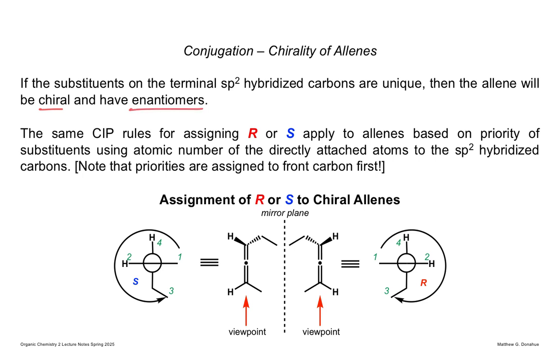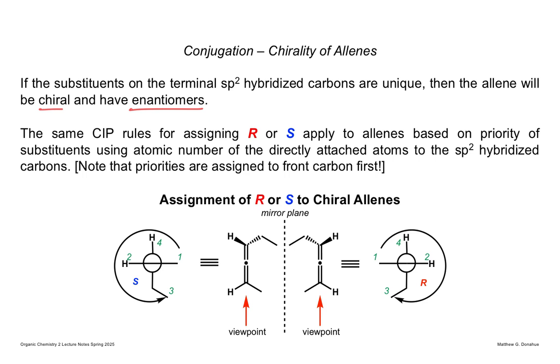What is the same about how you assign R and S is, you're still looking at the attached groups to those carbons, but when you determine the clockwise or counterclockwise, you're now only considering substituents 1, 2, and 3 in your rotation.